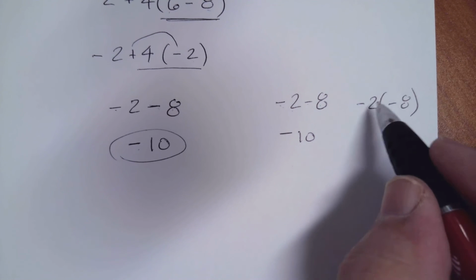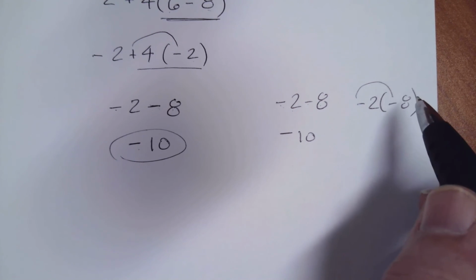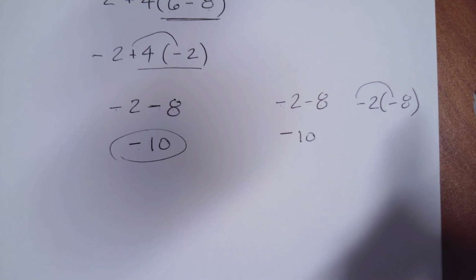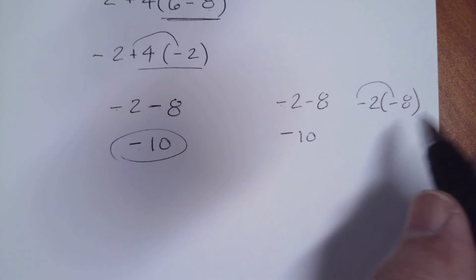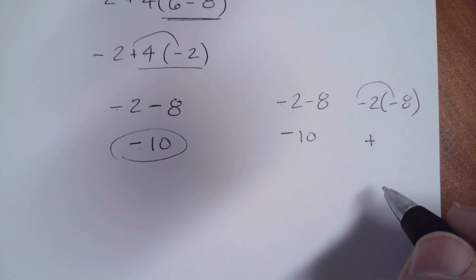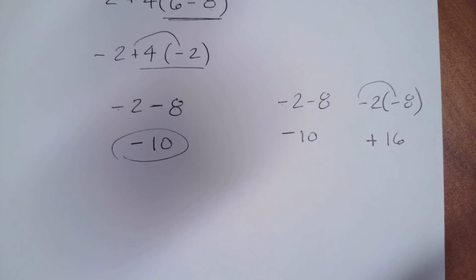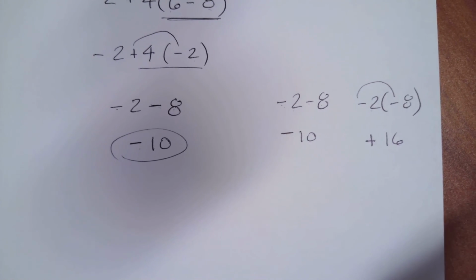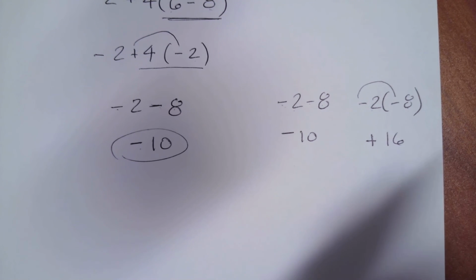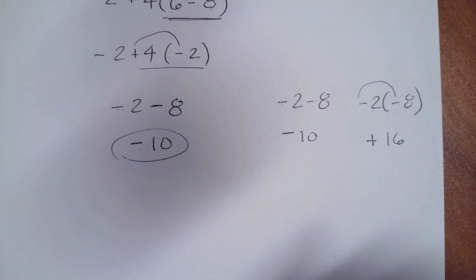This is multiplication. Negative times negative. If you have an even number of negative signs, the answer is positive. 8 times 2, 16. Okay, that's that.